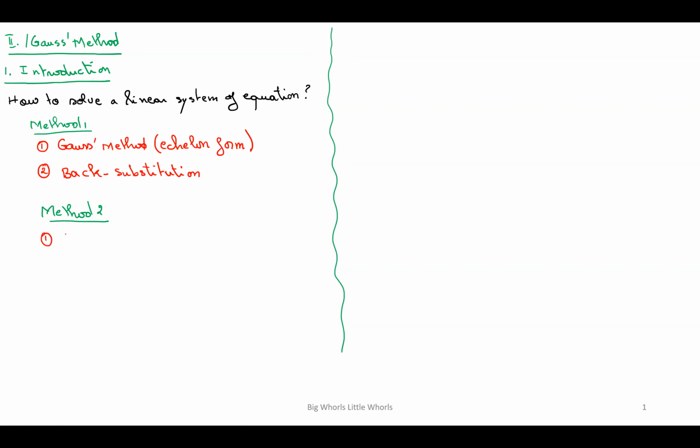This method is called Gauss-Jordan method or reduction.